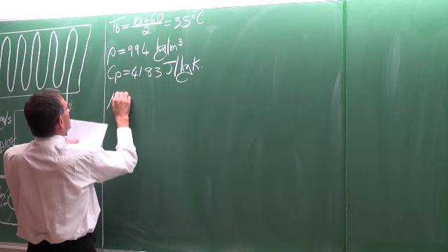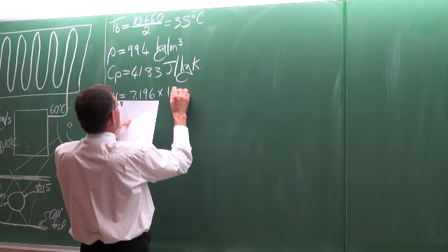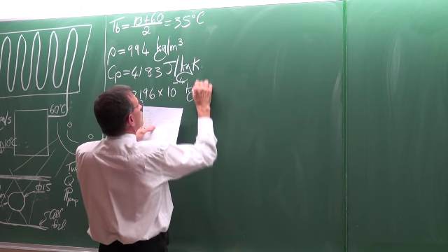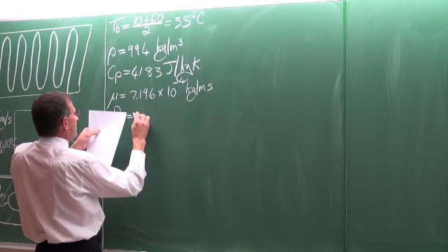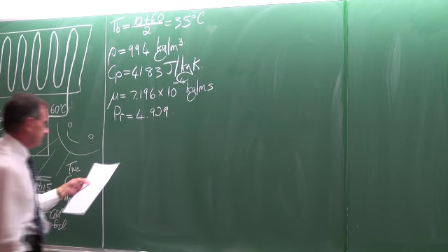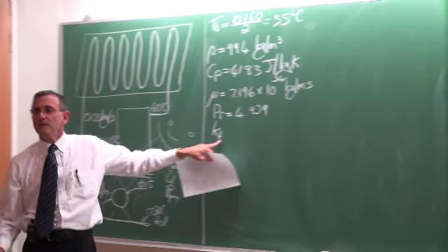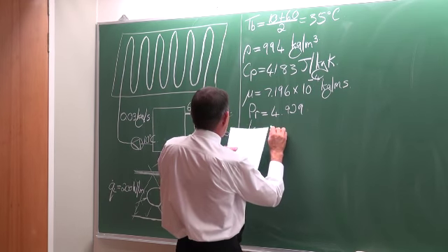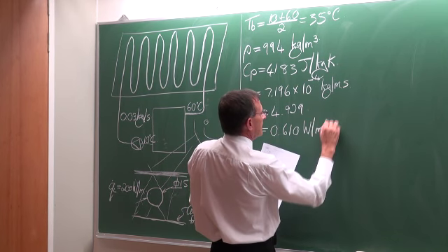The viscosity is equal to 7.196 multiplied by 10 to the minus 4 kilograms per meter second, and the Prandtl number at that average temperature would be equal to 4.929. Oh, and the thermal conductivity of the water would be equal to 0.610 watts per meter Kelvin.